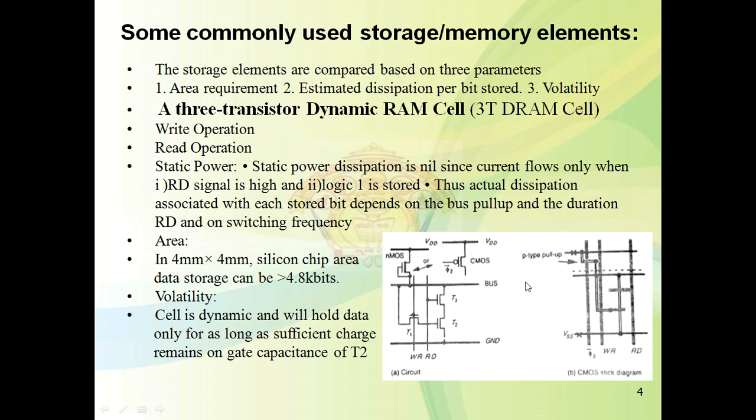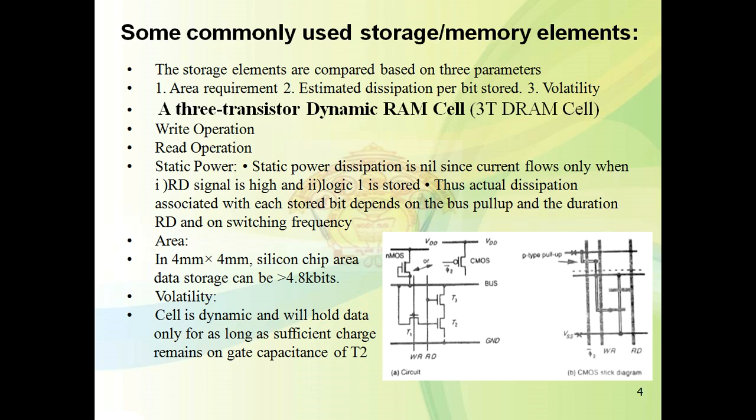Then we'll convert this circuit diagram into the stick diagram. This is the arrangement for the CMOS 3 transistor dynamic cell. This is the p-type transistor, above the demarcation, and there are 3 transistors: this is one transistor, this is another, and this is one more.